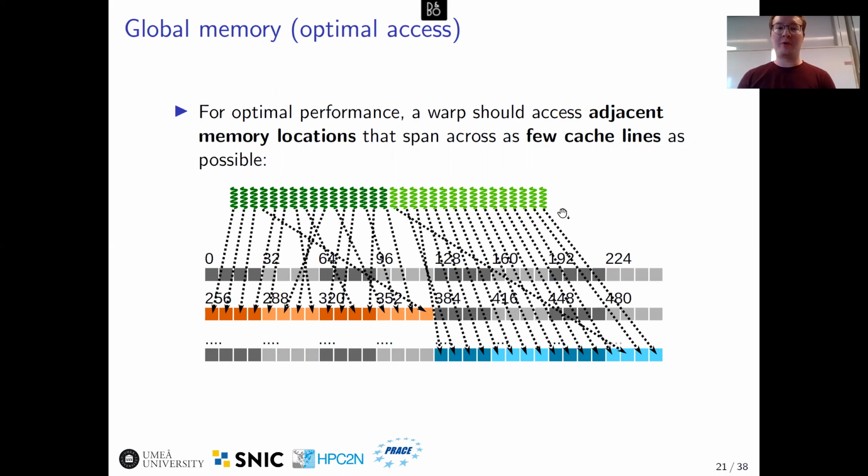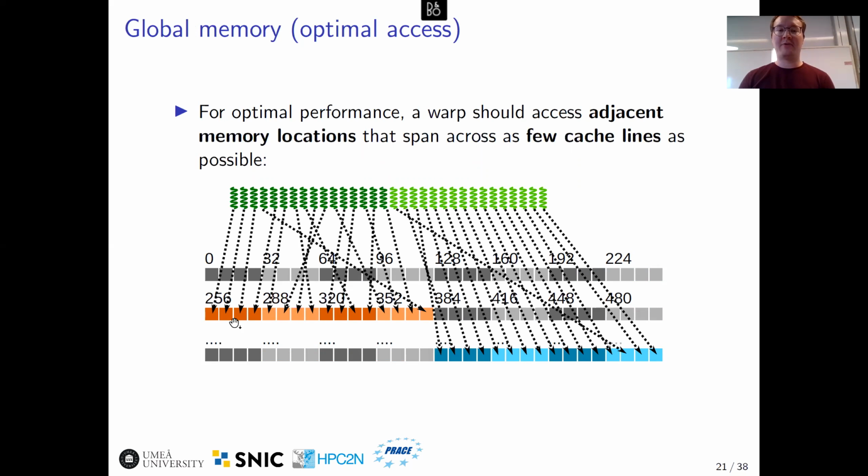For optimal performance, each warp should access adjacent memory locations that span across as few cache lines as possible. It doesn't have to be that neighboring threads are accessing neighboring memory locations. It's just that when you consider the entire warp, you should access adjacent memory locations and try to make the memory accesses fall into as few cache lines as possible.